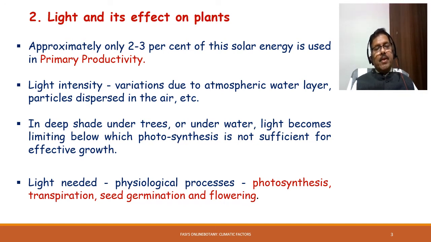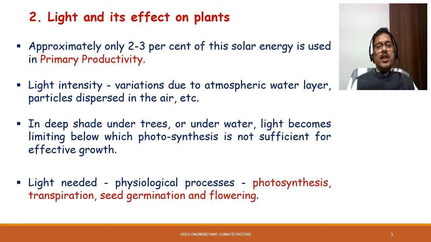Light. Light is abundantly received on the surface of the earth, and on average only approximately 2 to 3% of this solar energy is used in primary productivity.